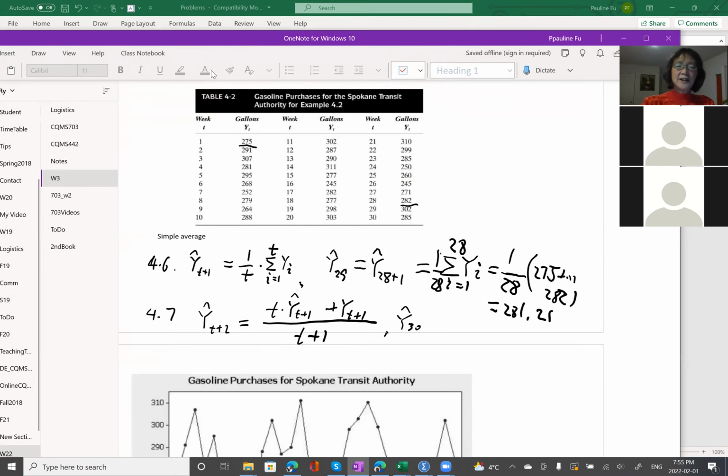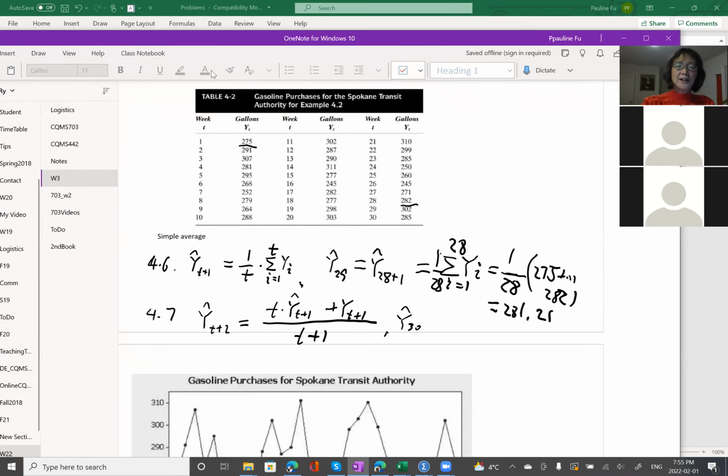We use 28 times the forecast for 29, which is 281, the number we just completed, plus Y29, the actual data for 29, which is 302, over T plus 1, which is 29. That is how we forecast Y30, week 30.